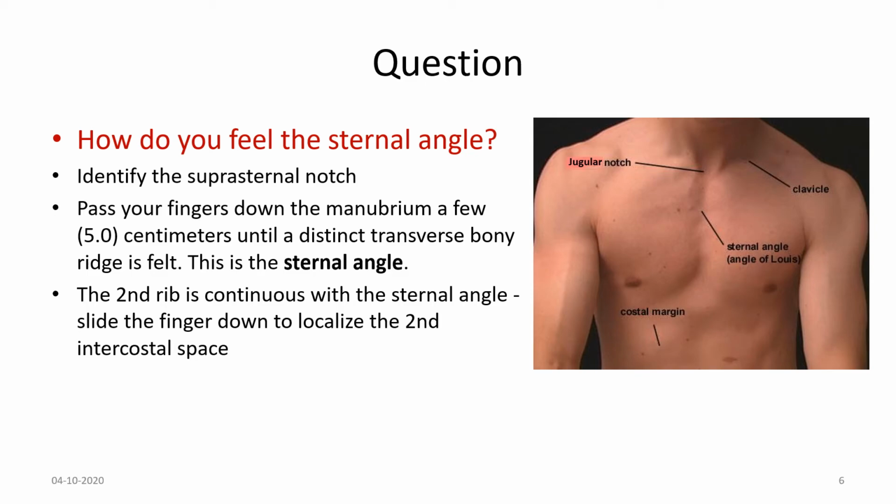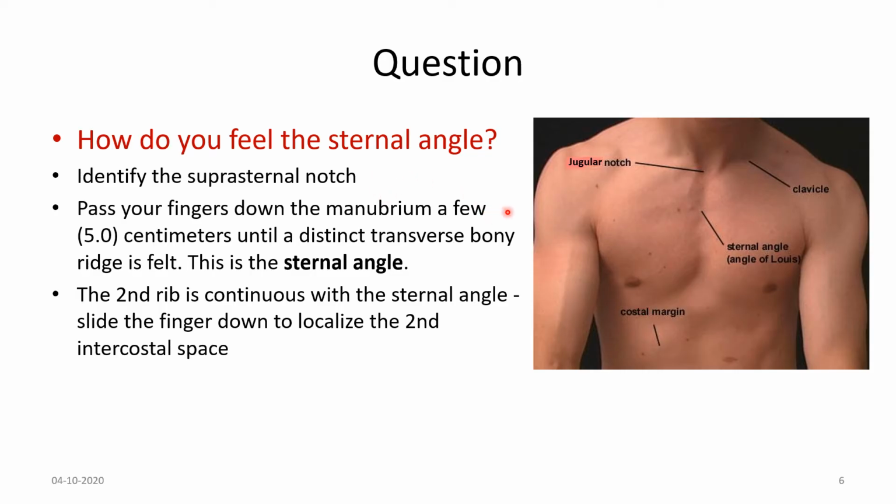Now the question is, how do you feel the sternal angle? First, you identify the suprasternal notch, that is the jugular notch, which is seen as the upper border of the manubrium sterni in the midline of the neck.